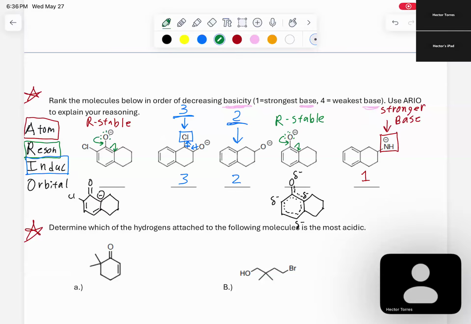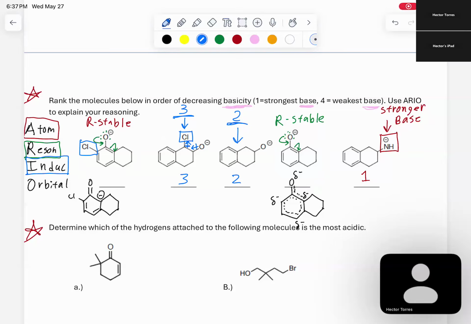Now we go back to resonance. So for resonance, there's a lot of stuff going on, but we're looking at this one and this one. They both have the same amount of resonance structures, so that doesn't tell us which one is most stable. However, what we do see that is different is one has induction through the chlorine and one does not.